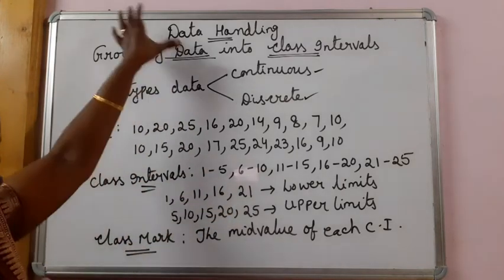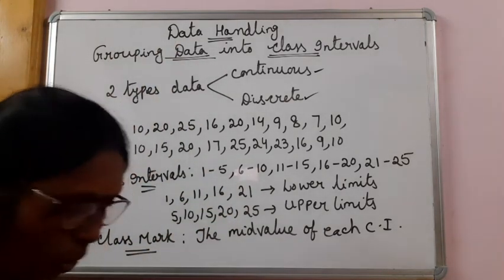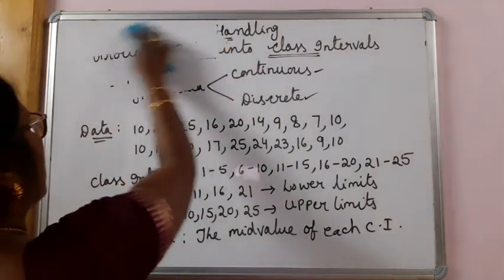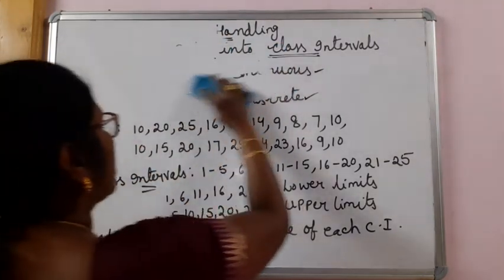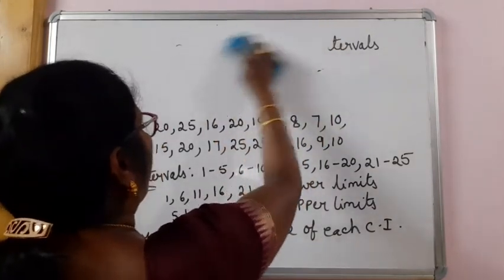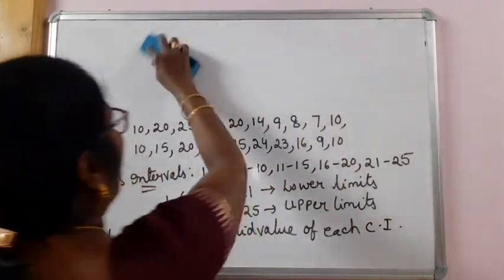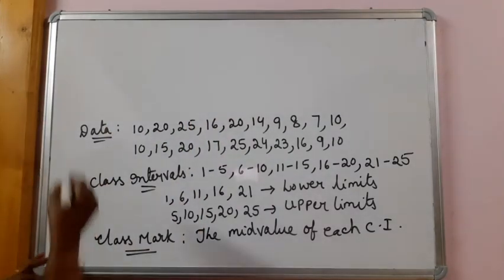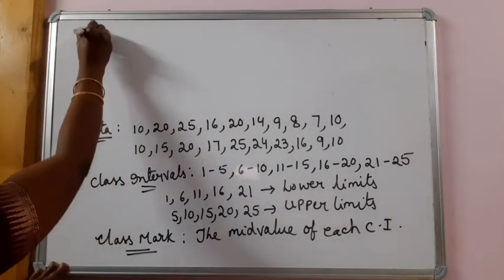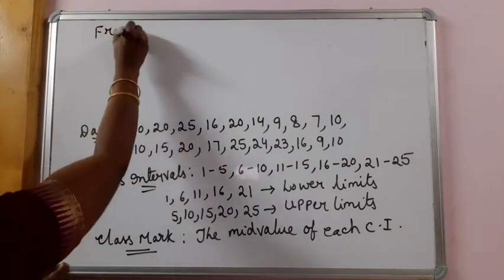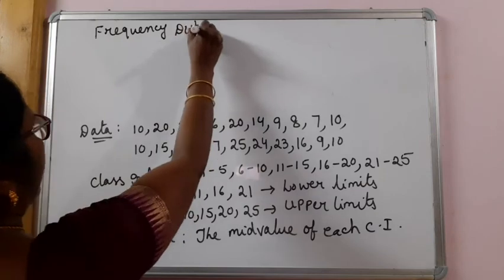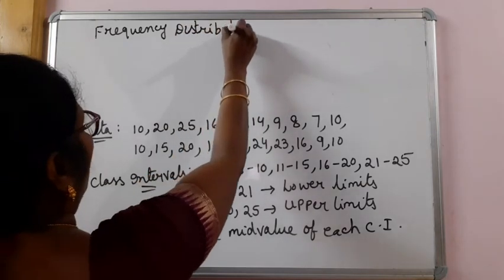So for this, let me show you the frequency distribution table. First, I will show you the frequency distribution table showing the class intervals, how the marks of 20 students of a class. Whenever you do a frequency distribution table, you have to write the heading of what you are going to show.